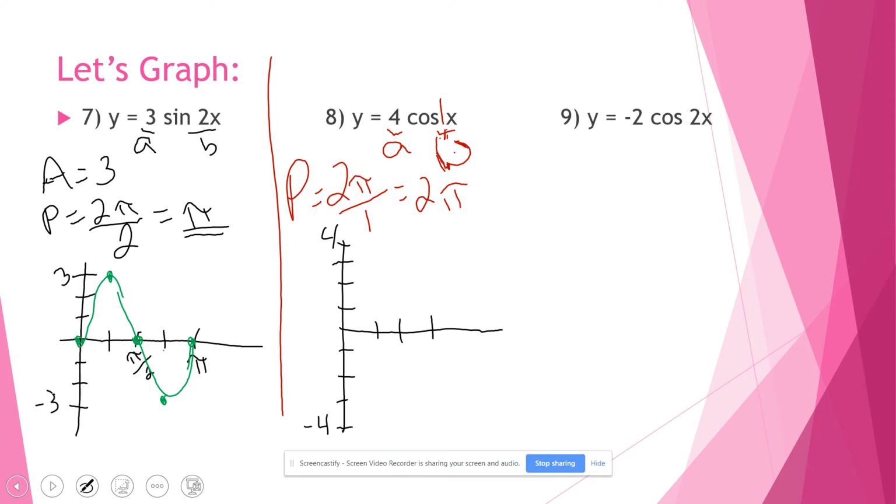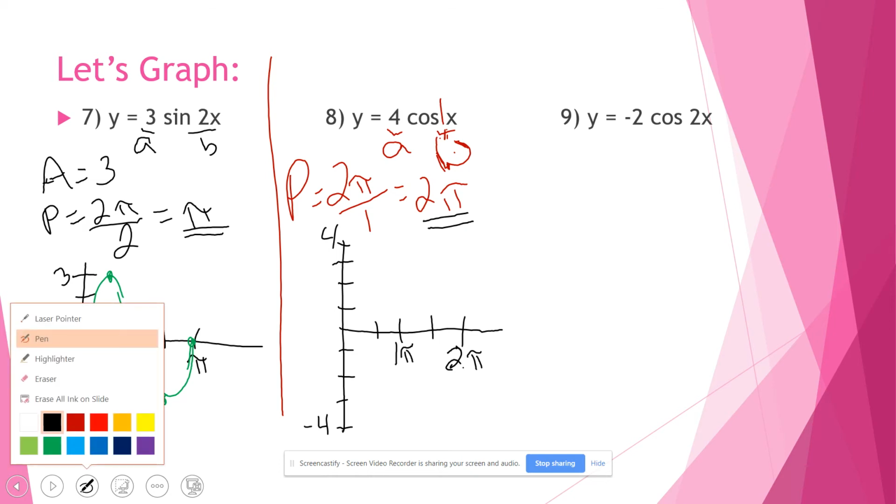We still have our 4 hash marks on our graph, and because our period is 2 pi, this fourth one is 2 pi. Remember, you have to mark at least one more, so half of 2 is 1, so our middle mark is 1 pi.